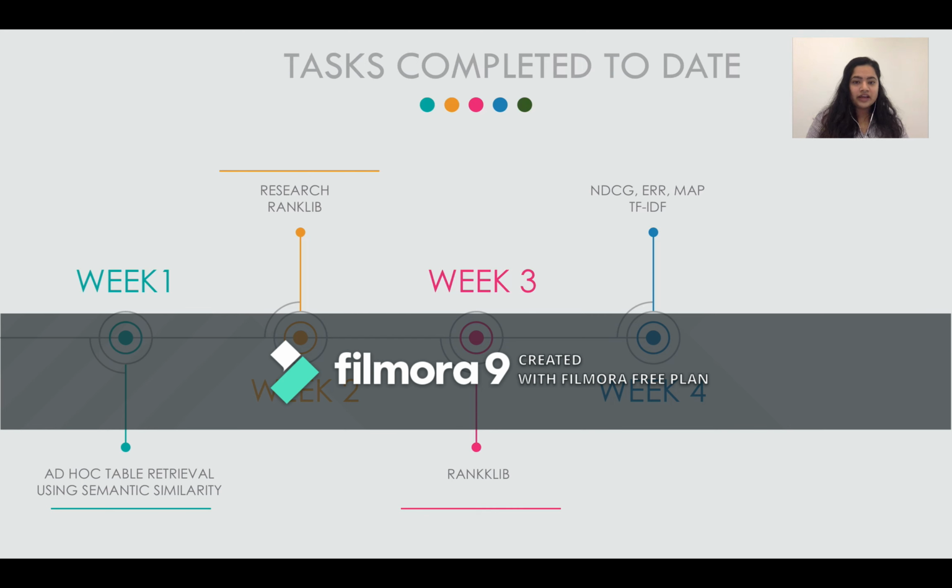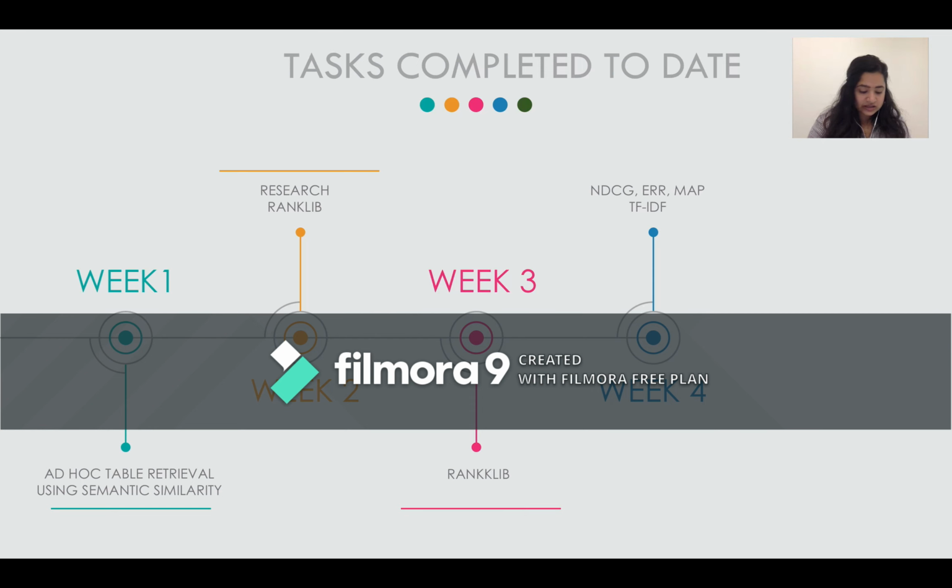Something about all of these three metrics that I learned during this week is that they're all essentially how the performance of these algorithms is ranked. The first is the NDCG, which is the ranking quality.